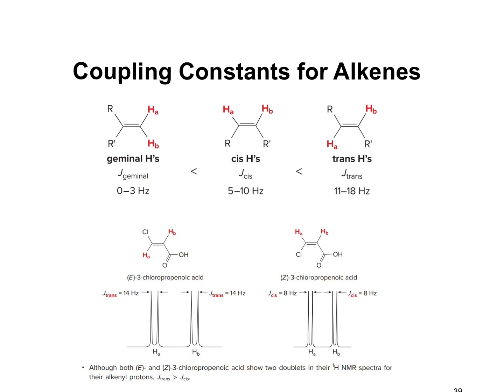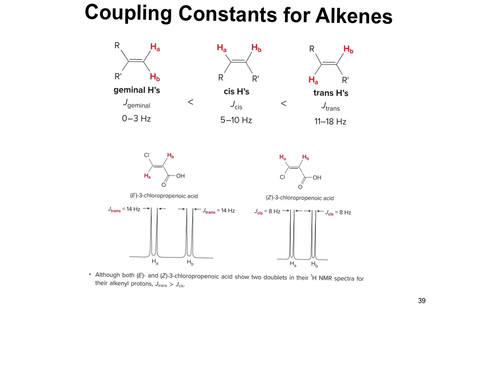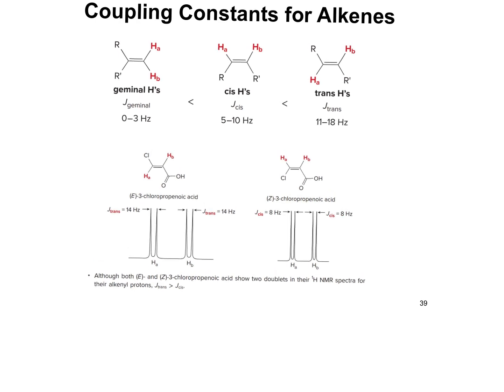In the previous screencast, I mentioned coupling constants can give us info about the structure. This is a really good example where the magnitude of the coupling constant for these doublets depends on the arrangement of hydrogen atoms. So when we look at this, we're looking at E and Z 3-chloropropanoic acid.